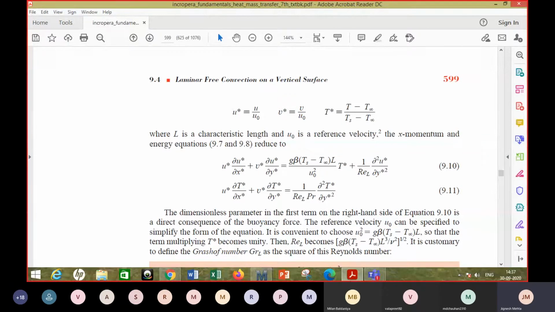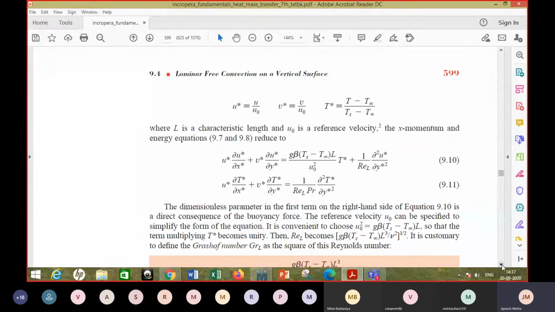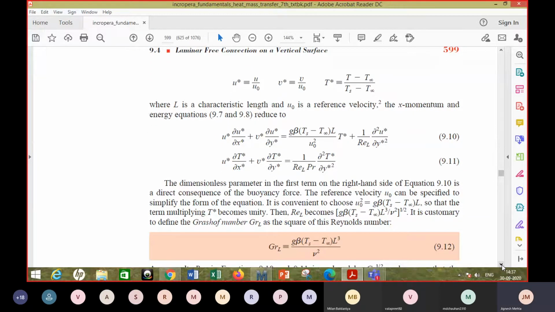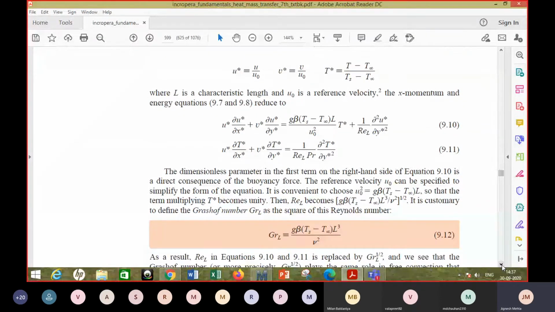The first term on the right hand side of the x momentum equation is modified by defining the reference velocity in a particular way. If u squared is taken as g beta (Ts minus T infinity) L, then the multiple of T star in equation 9.10 will become unity.